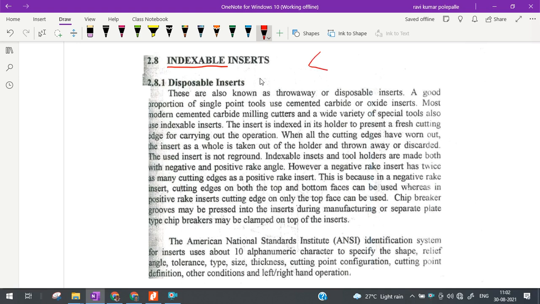See, this is the shape of the insert. Each of them is a cutting edge, and therefore when one wears away, the next edge can be brought into position and used.